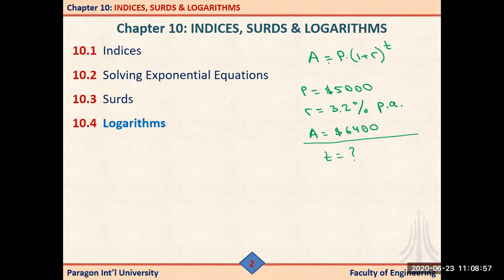First, I should divide both sides by P, right? So we have 1 plus R to the power T equal to A over P. Now the question is, how can I leave this T alone on the left-hand side and keep everything else, capital A, capital P, and this R, on the right-hand side?